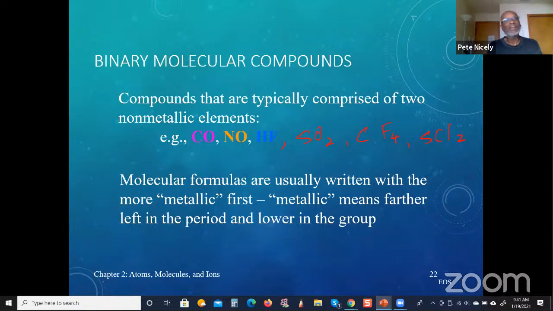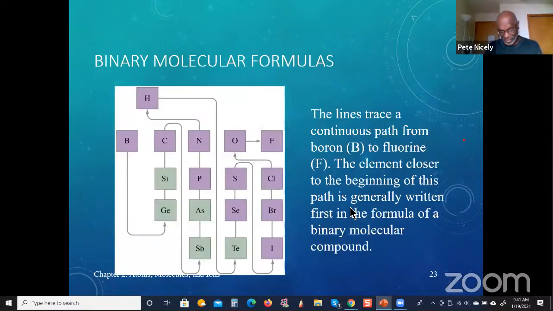The least electronegative element is placed first in terms of the formula or the symbol, followed by the more electronegative element, all right? So another way of looking at it, as stated here, is that the one that is more metallic is the element that is more towards the left of the periodic table and down or lower in the group, all right? So that's another way of basically determining which element will be represented first in the molecular formulas, all right?